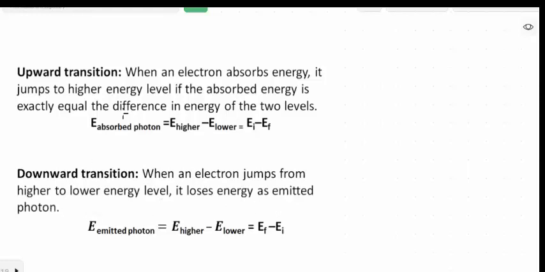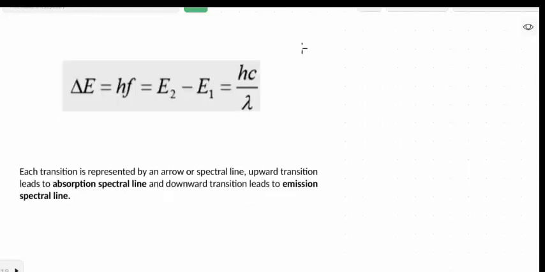We explained this before. So this is a general formula that can be used to calculate the energy of the photon or the change in energy. We can write it in another form: E photon, absorbed or emitted, same idea.